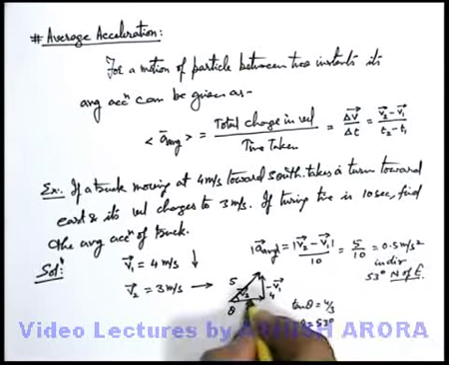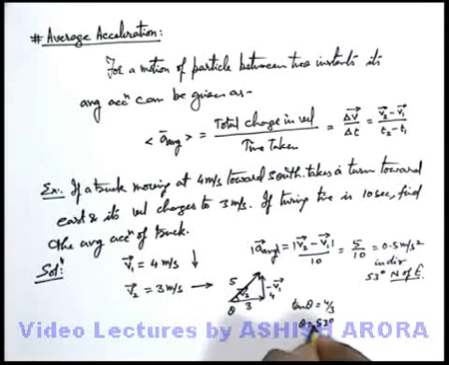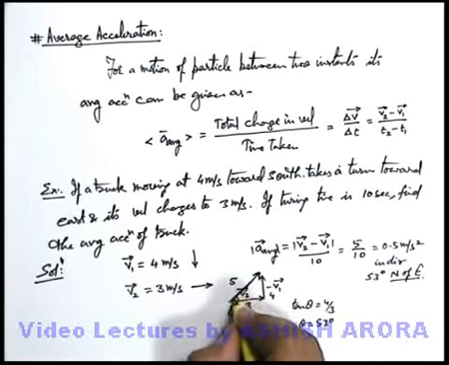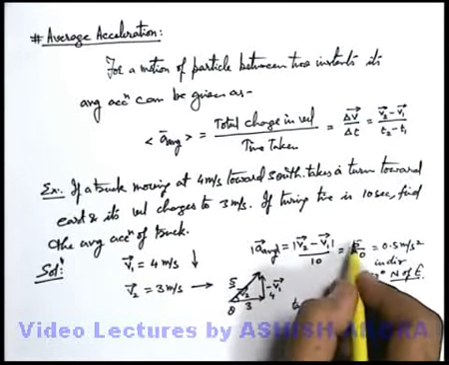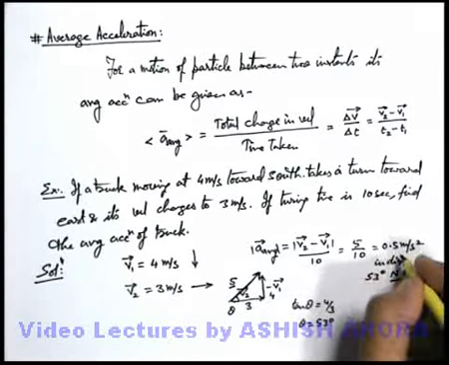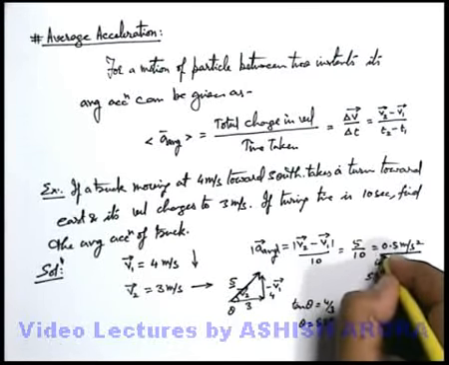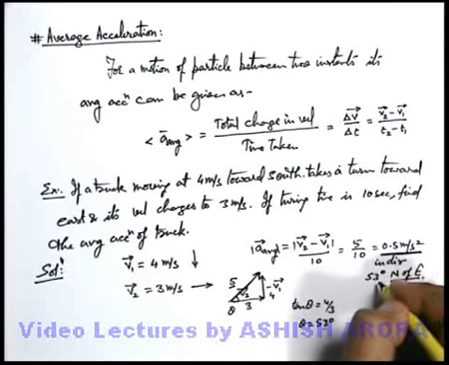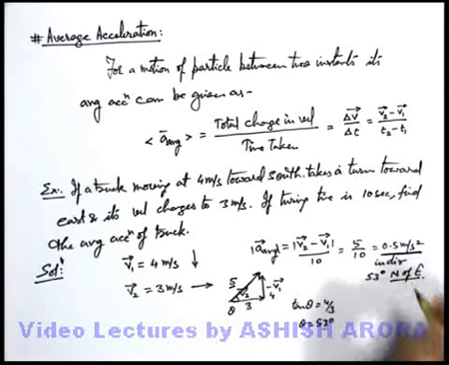You can simply state from the direction of east, it is at an angle 53 degree toward north, and the change in velocity v2 vector minus v1 vector is 5. So v2 minus v1 is 5 and time taken is 10, so 5 by 10. The average acceleration will be 0.5 meters per second square in a direction 53 degree north of east.